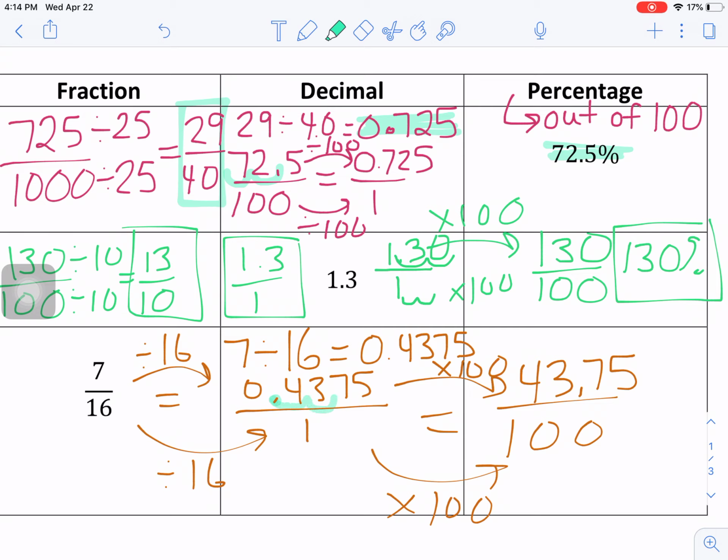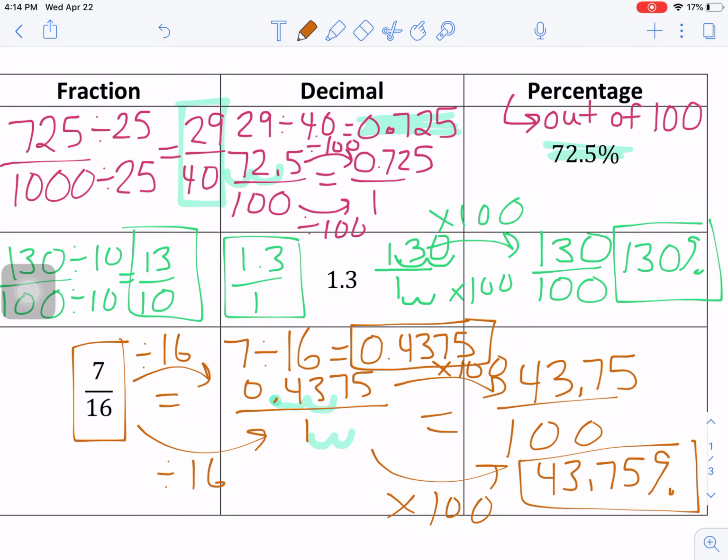That makes 43.75 out of 100 when we multiply top and bottom by 100. So our percentage then is 43.75%. Our decimal is 0.4375. And our fraction is 7 out of 16, or 7/16.